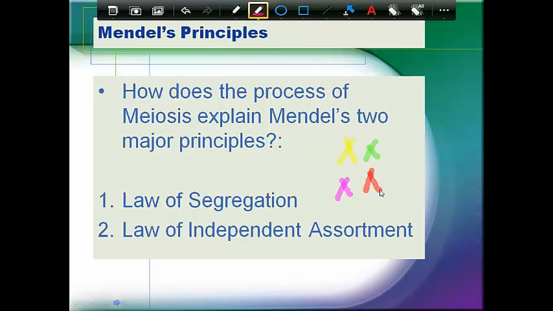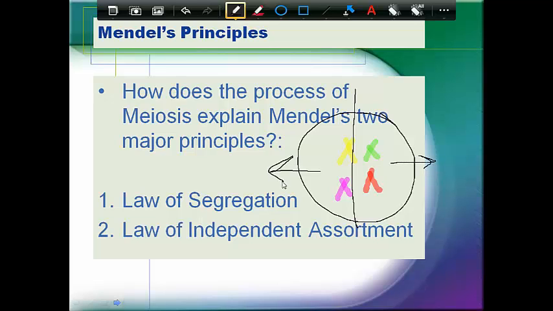This is meiosis 1. They're in their cell, and they split apart at the homologous chromosomes. These go this way, these go this way, and then they do one further division, so that in the end we've got 4 cells, 4 gametes. And the chromosomes that are in those gametes are dependent on which side they lined up on.